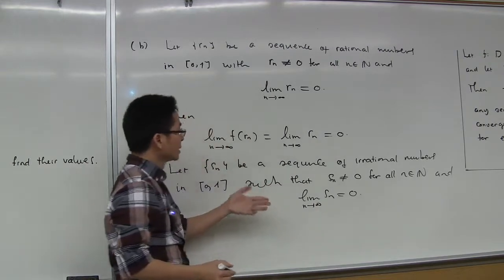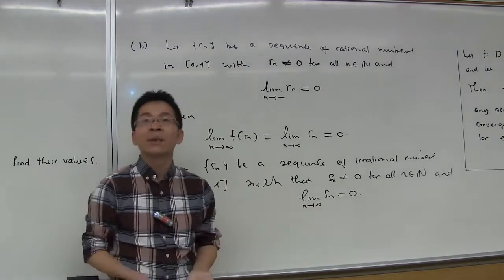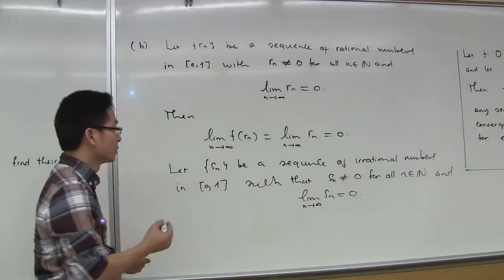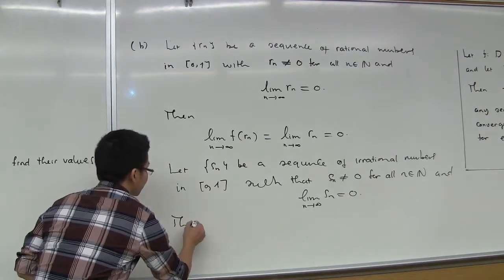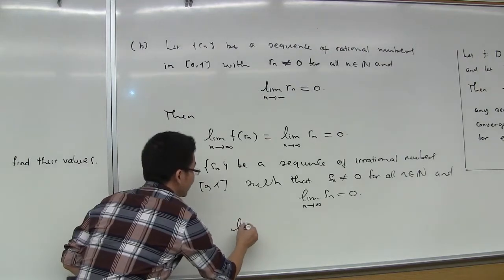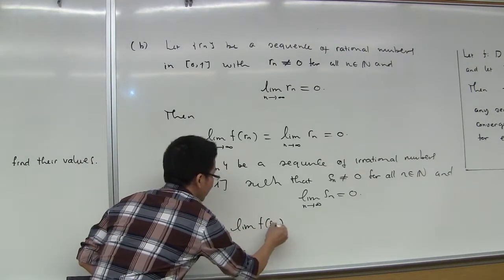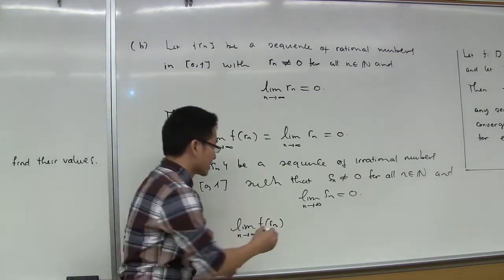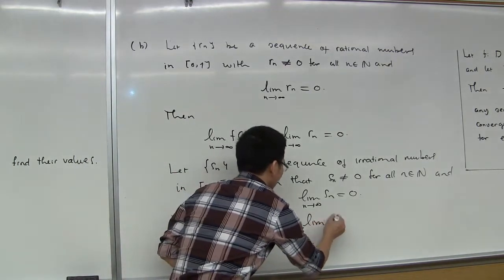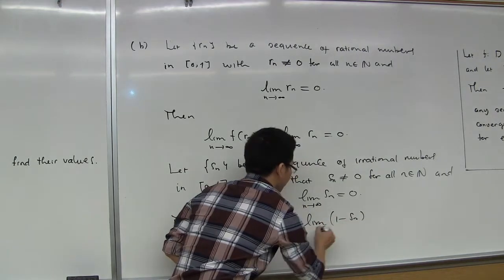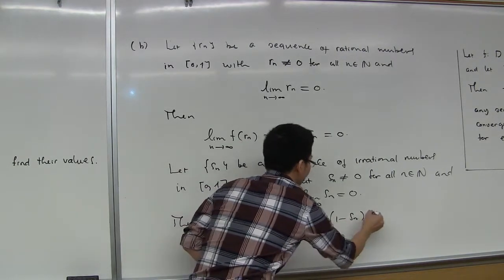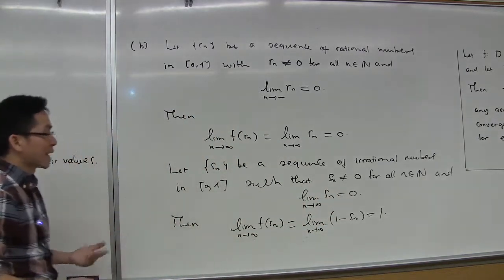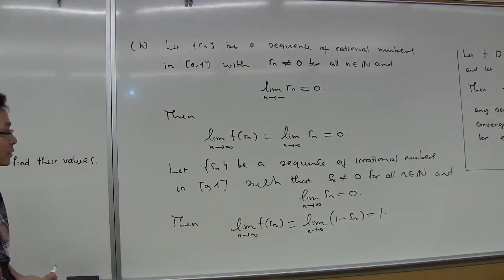Again, such a sequence Sn does exist by the density of the set of all irrational numbers in the interval 0, 1. Then let's look at the limit of f of Sn as n approaches infinity. Notice that f of Sn is just 1 minus Sn. And this limit is 1 because the limit of Sn as n approaches infinity is equal to 0.